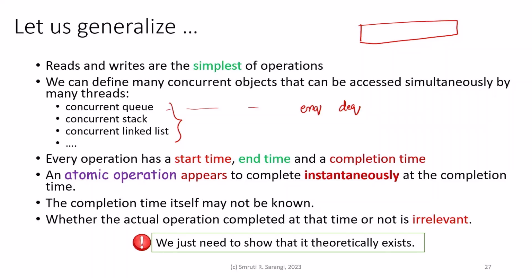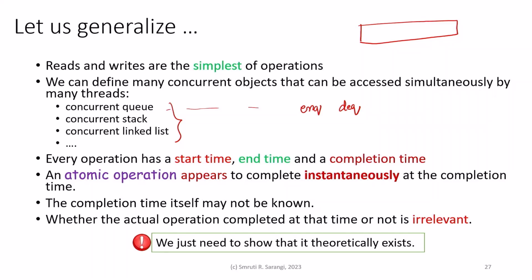Which means the end means that the thread that issued the NQ knows that NQ is done from its point of view, but it may not be done from the point of view of other threads. Other threads have to wait for the completion time. All right. The same holds for a stack, the same holds for a linked list, everything. So we need to define something, right? It clearly means that some specification or some set of rules have to be defined to control and discipline this process.